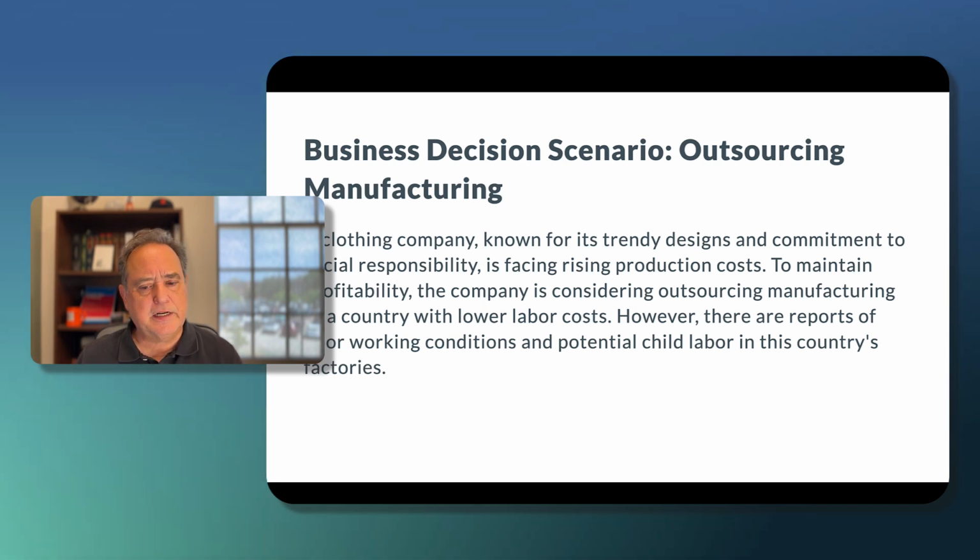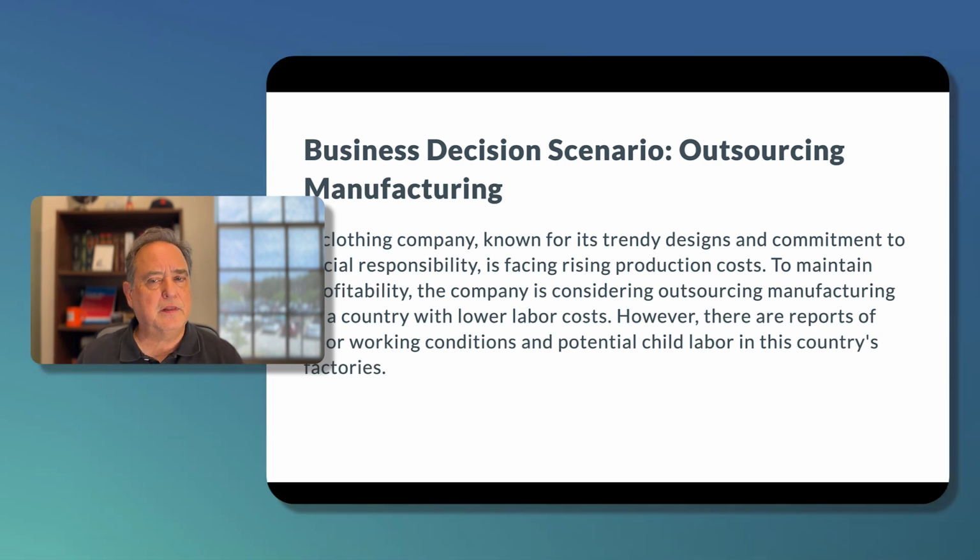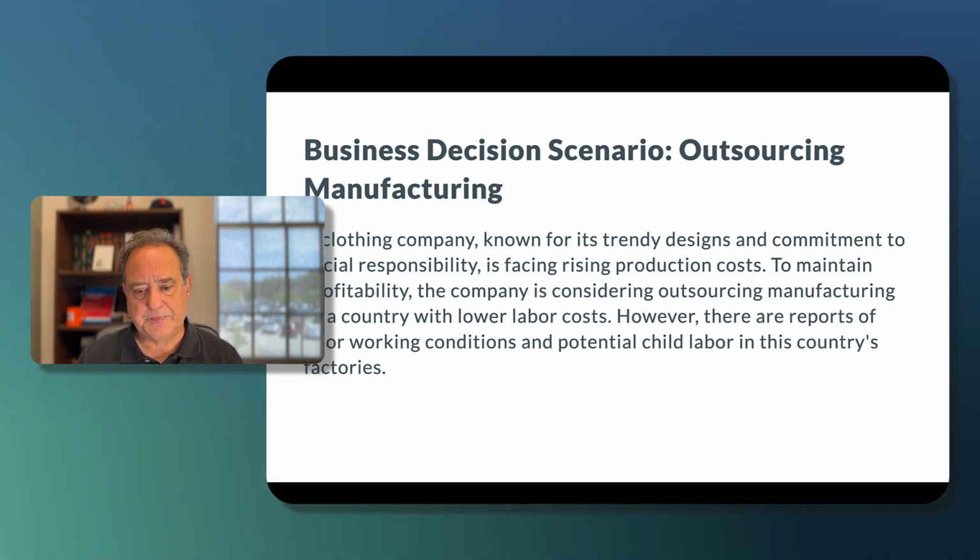There's a clothing company well known for its trendy designs, but also known for its commitment to social responsibility. And they are facing rising production costs. Inflation's everywhere, things are costing more. They want to maintain their profitability, and so they are now considering outsourcing some of the manufacturing to a country with lower labor costs.